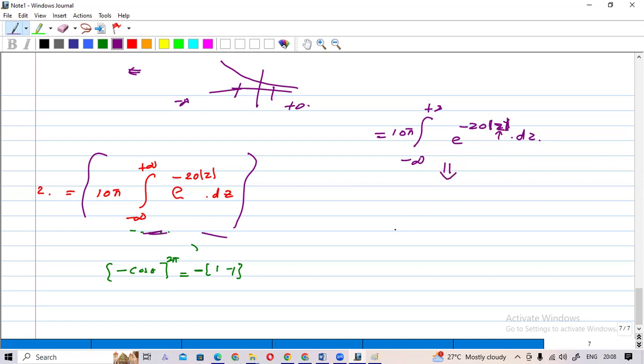I think if we do the integration from 0 to plus infinity of e to the power minus 2z dz, and if we get it multiplied by 2, this should be equal to this one. This is actually, I am not sure.